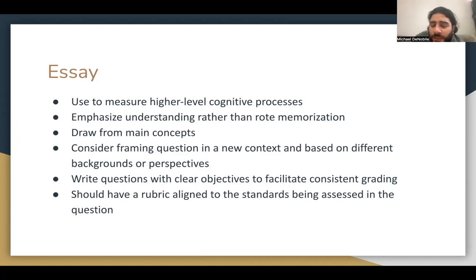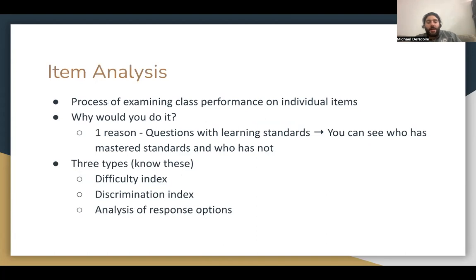Write questions with clear objectives to facilitate consistent grading. You should have a rubric aligned to the standards being assessed in the question because you want to align the question to the standards. Item analysis. Process of examining the class performance on individual items. Why would you do it?